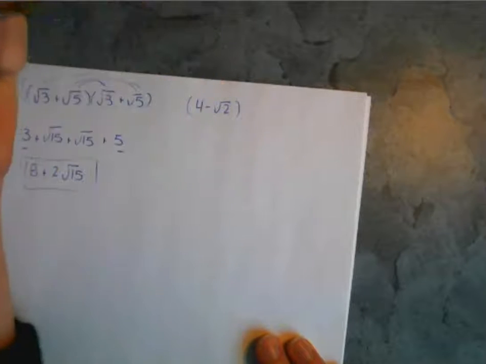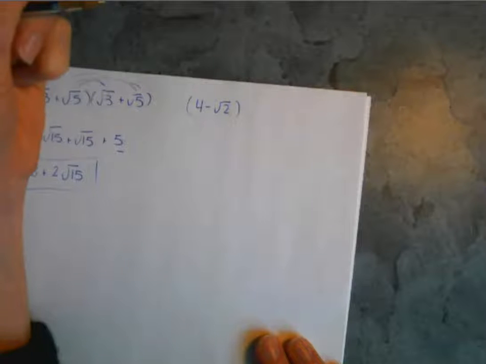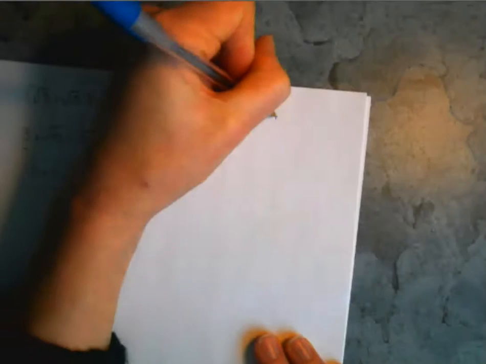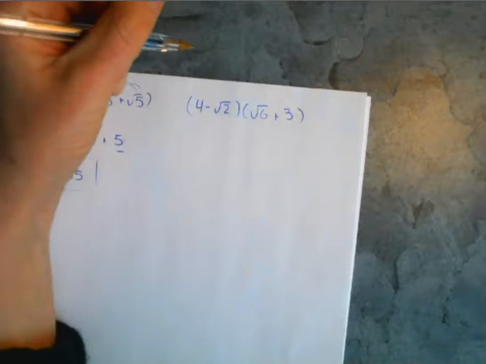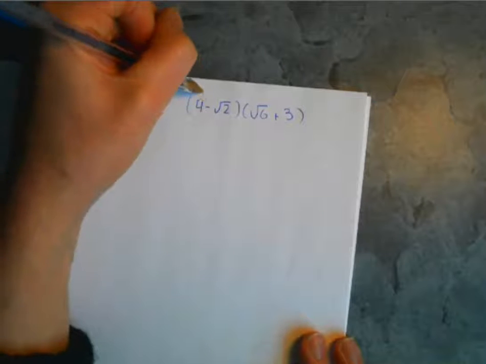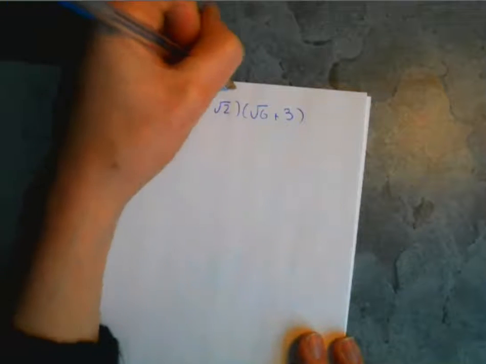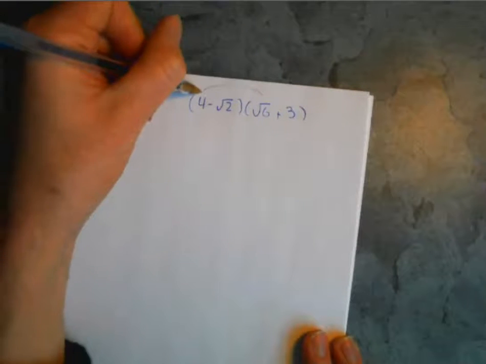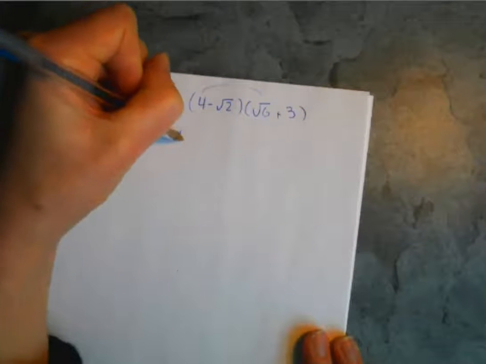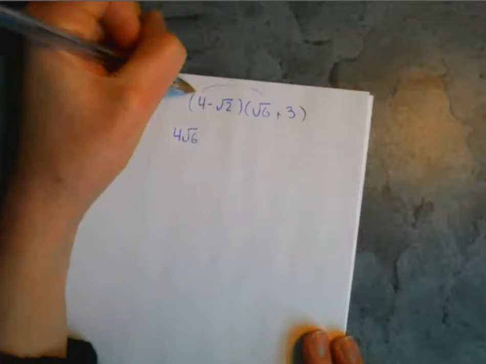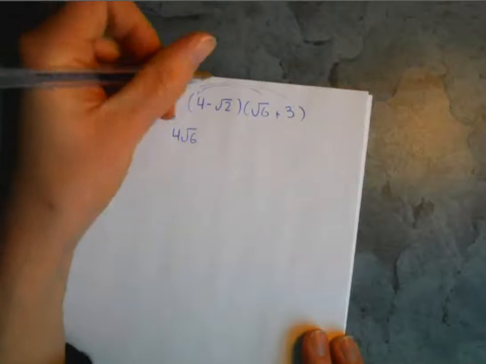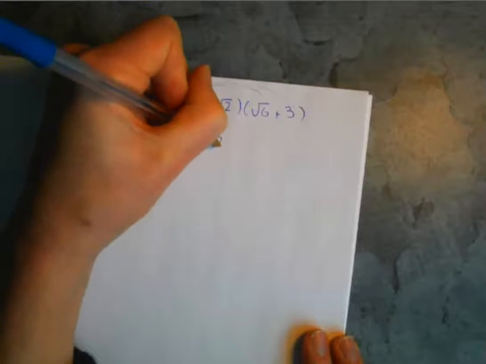The next one you had was 4 minus root 2, and it was being multiplied by root 6 plus 3. So again, we have two brackets with two terms, so we need to use FOIL. So first would be 4 times by root 6. Outside, 4 times by plus 3 gives us plus 12.